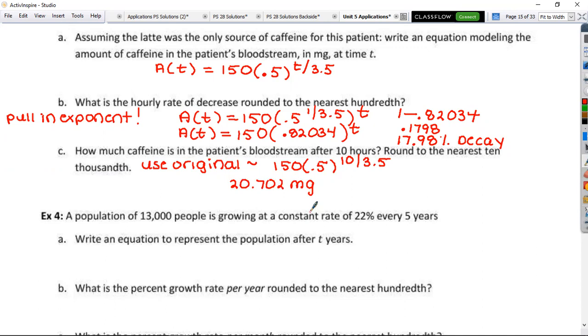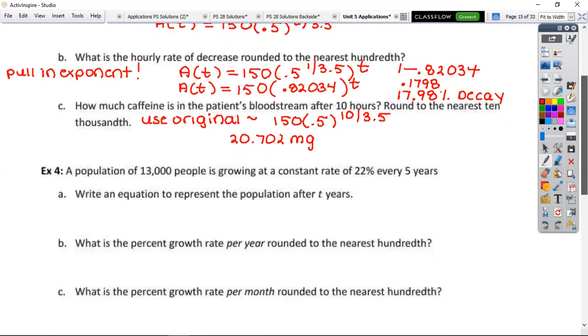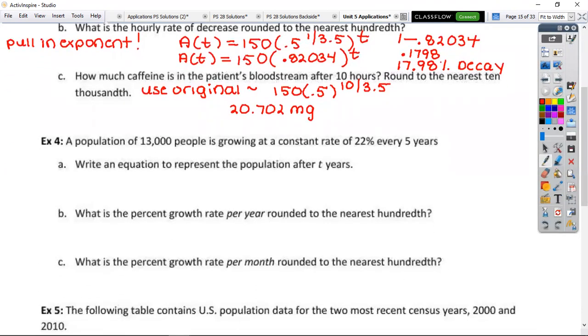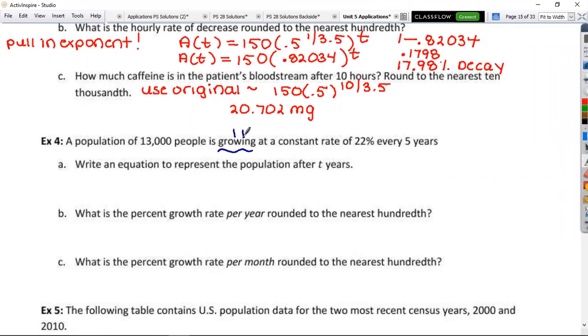So number 4, another one to set up. You have a population now of 13,000 people, but this time it's growing. So growing means I'm back to what? Constant rate of 22% is 0.22.